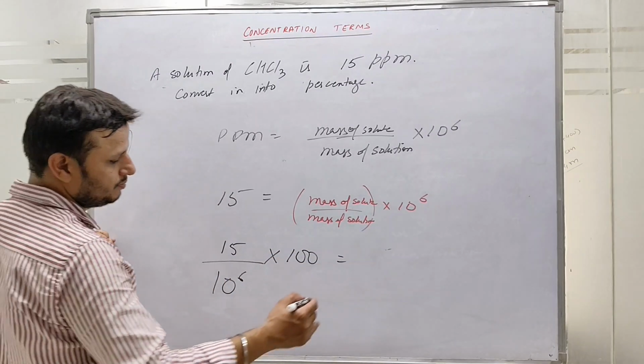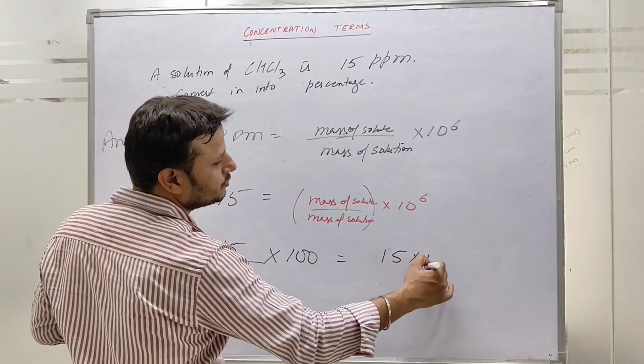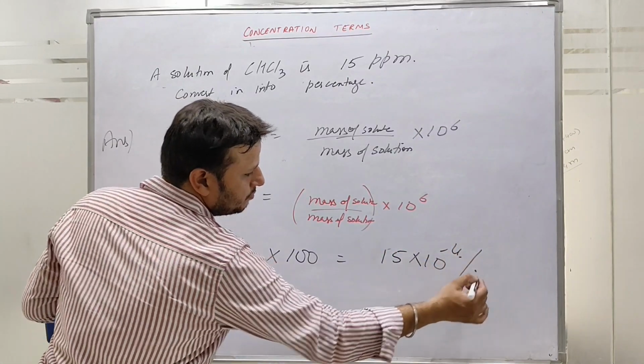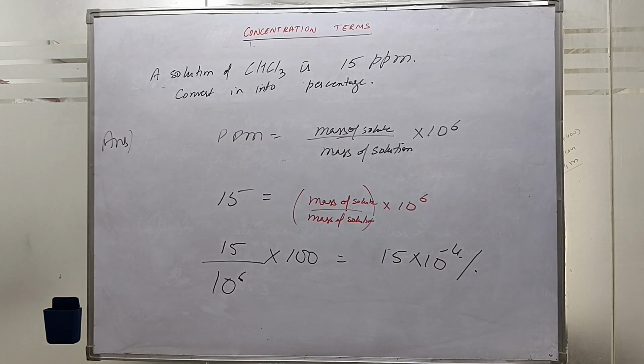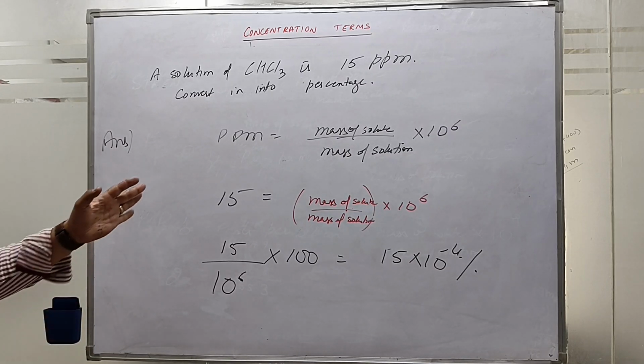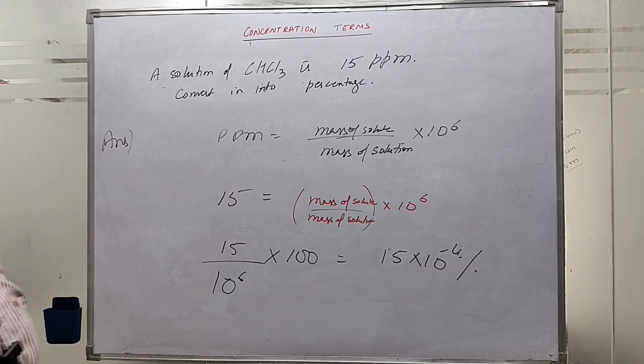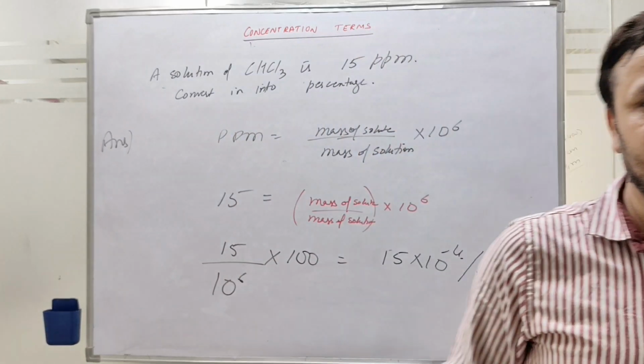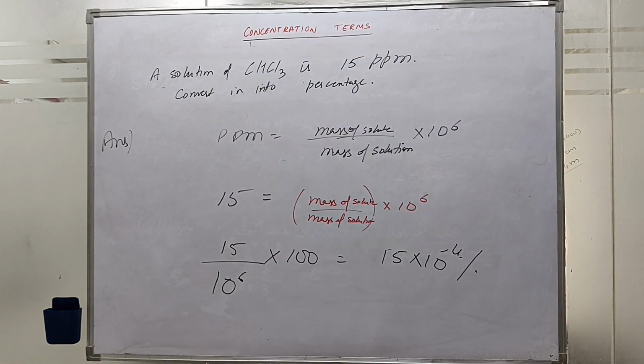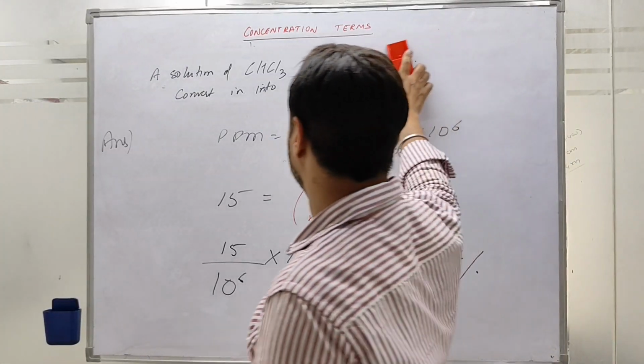So that will become as 15 into 10 raised to power minus 4 percent. In this way we can convert ppm into percentage. Parts per million of a solute is ppm. So these are the few concentration terms.